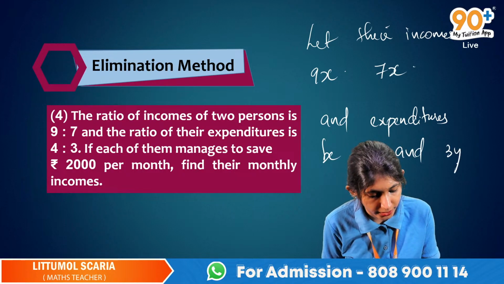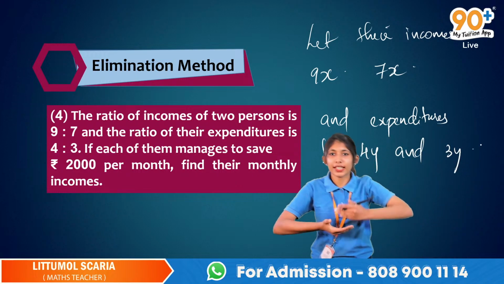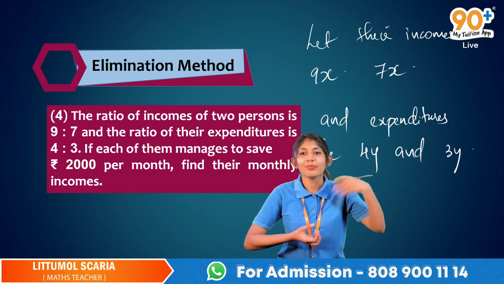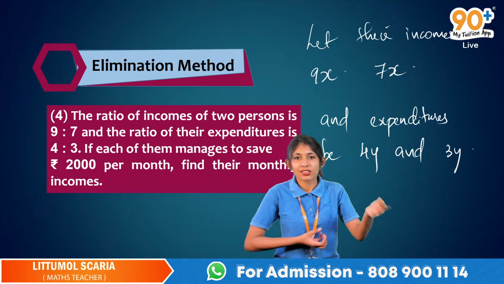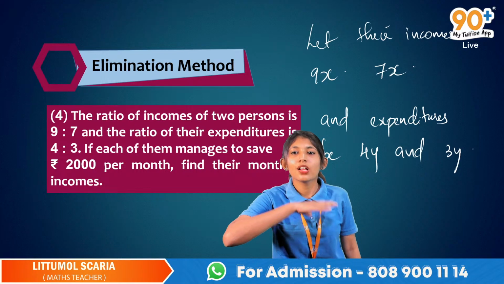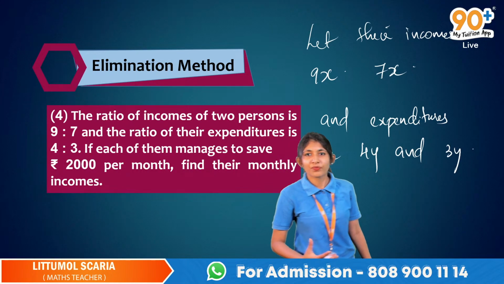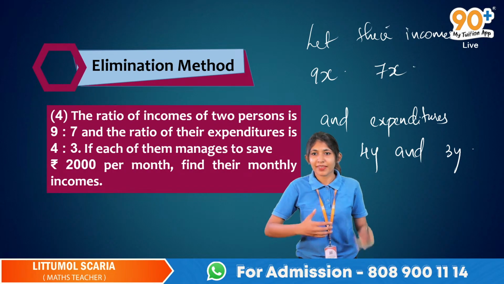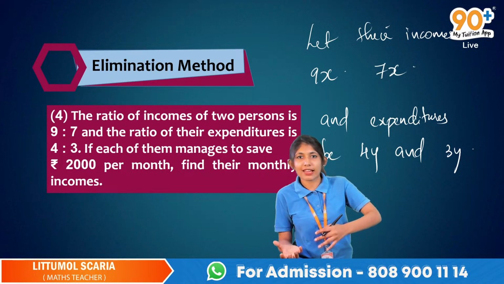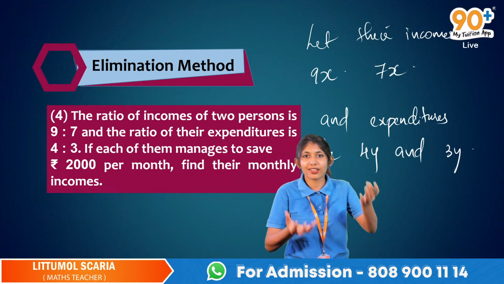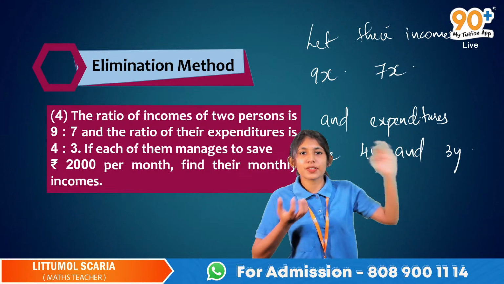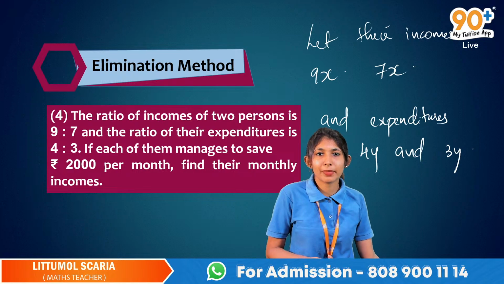Why ma'am? Why? Whatever we get is x, and whatever we spend as expenditure is y. Can we call them with the same variable? No. One is what we earn, and the other is what we spend. Suppose I have got 25,000 as my salary. I spent 10,000 rupees for my expenditure.